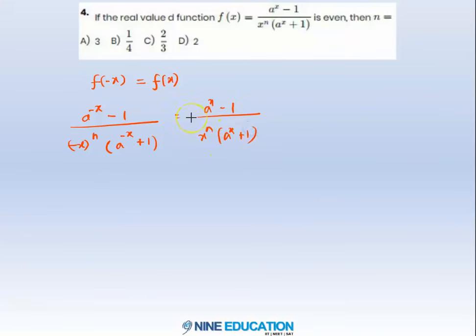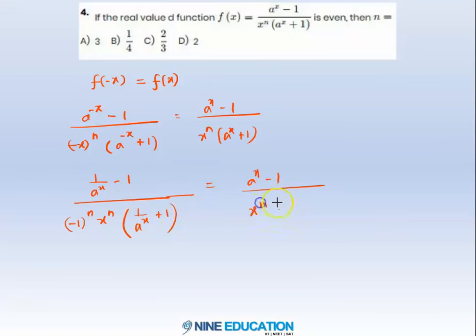To simplify this, let's write this a power minus x as 1 by a power x. Depending on whether n is odd or even, I can separately write minus 1 power n and the remaining thing as x power n. In the same way, this bracket can be written as 1 by a power x plus 1, which is equal to a power x minus 1 over x power n a power x plus 1.